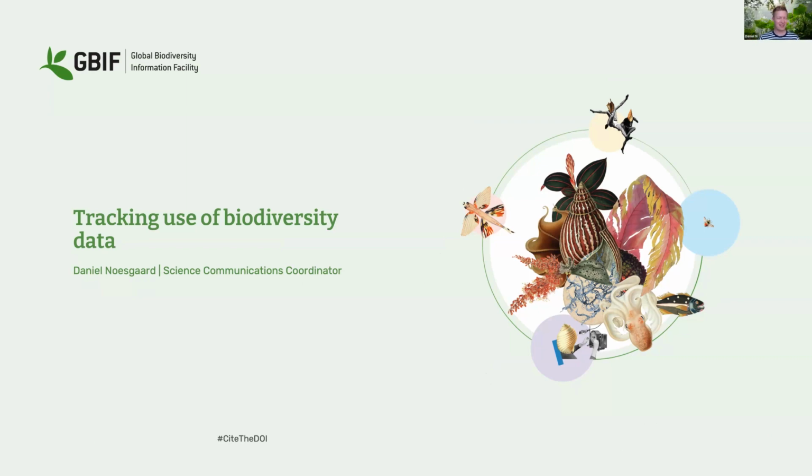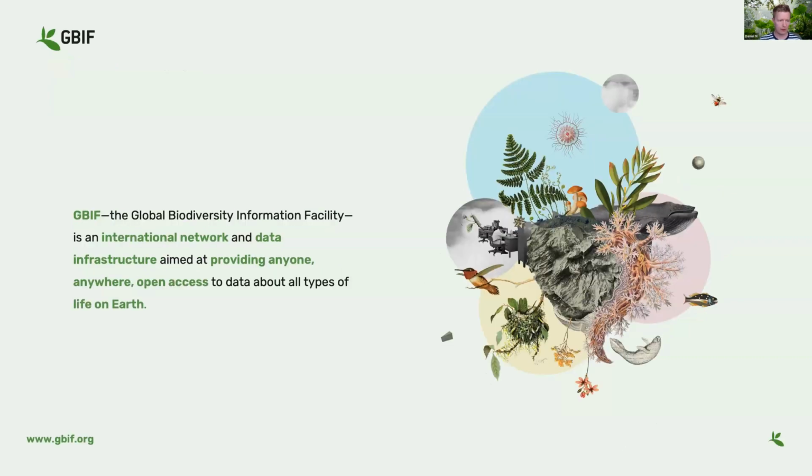Great. Okay. So yes, I'm Daniel Noscart. I work for the GBIF Secretariat, the Global Biodiversity Information Facility, and I'm here to talk about how we track the use of biodiversity data in GBIF. So for those of you who don't know GBIF, we're an international network and data infrastructure aimed at providing anyone, anywhere, open access to all data about all types of life on Earth.